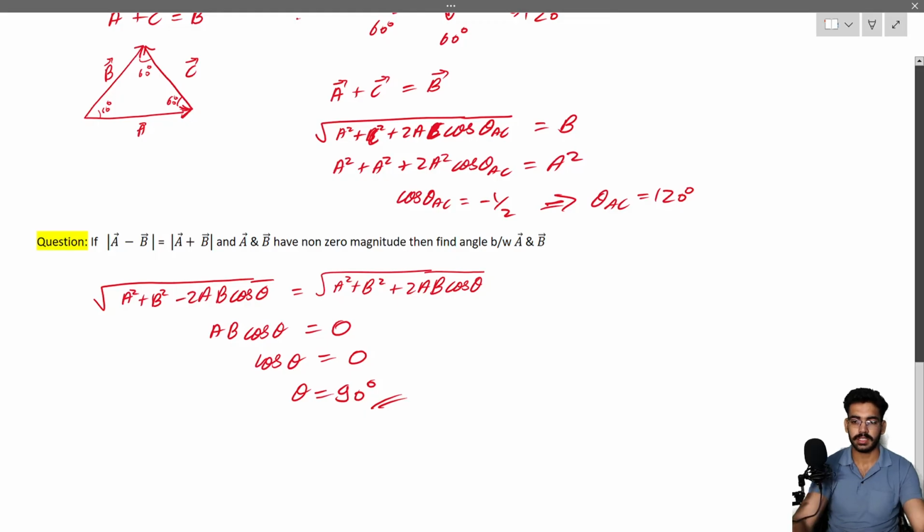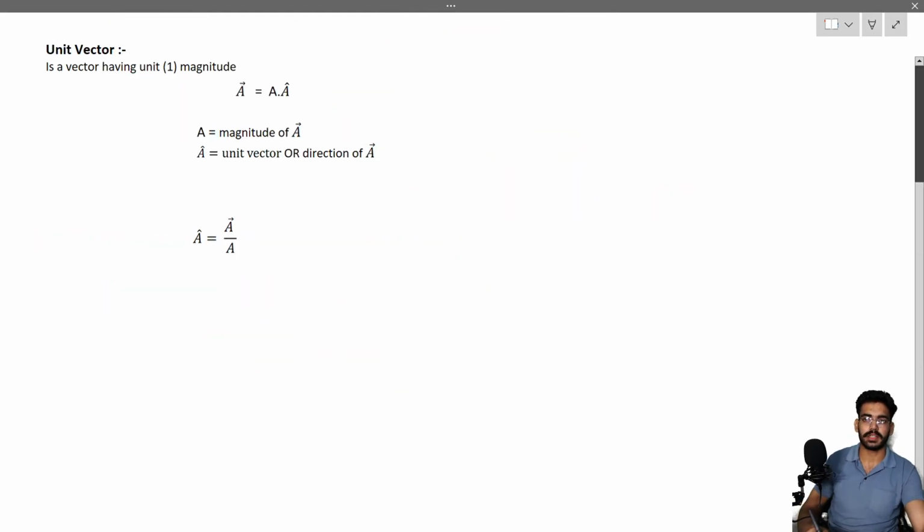Now let's go for the next thing. Next we have the unit vector. What is a unit vector? We have already defined it a little, but let's define it again. A unit vector is a vector which has a magnitude equal to 1. Any vector is the multiplication of its magnitude and its unit vector. Here A is the magnitude of the A vector and A cap is the unit vector, or direction, of the A vector.